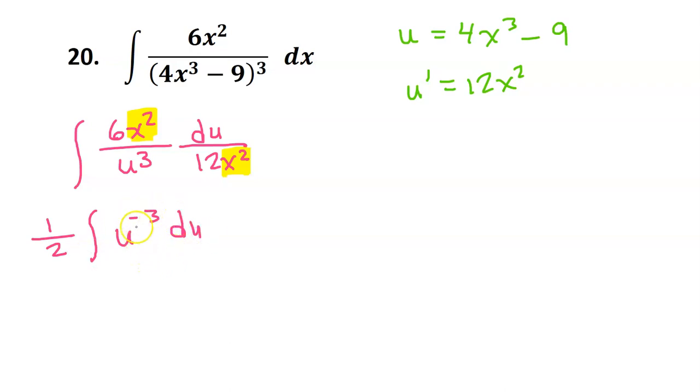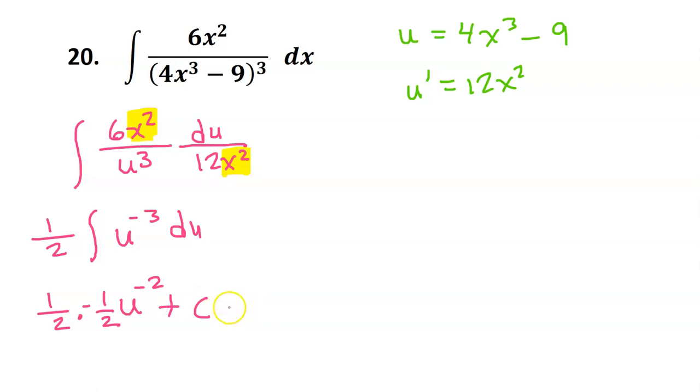Power rule time. Add 1 to this exponent, so that will be u to the -2 power. And then divide by that power, so this will be -1/2 in the front.